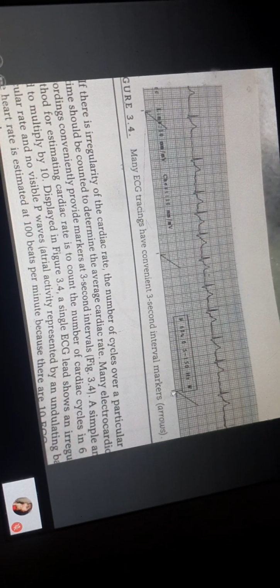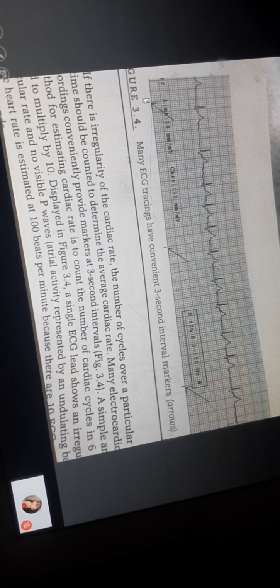So this ECG paper has some 3-second markings. Between this marking and this marking it is 3 seconds, and between this and this marking it is 3 seconds. So the total is around 6 seconds. Suppose the patient has atrial fibrillation, meaning the patient's rhythm is not regular, then what do we do?